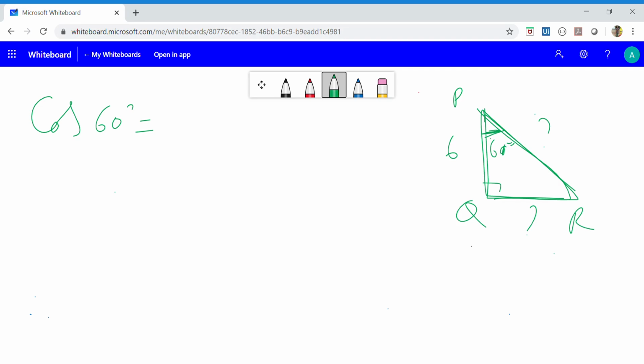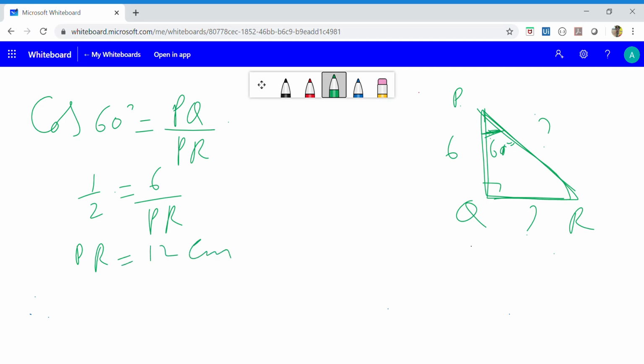Cos 60 degrees is equal to adjacent side PQ by hypotenuse PR. Cos 60 is 1 by 2. 1 by 2 is equal to PQ, which is 6, by PR. Do the cross multiplication. PR is equal to 12 centimeters. So the hypotenuse you got is 12 centimeters.